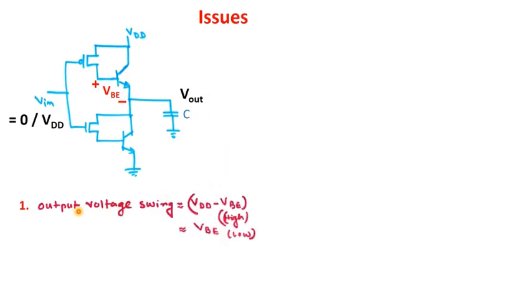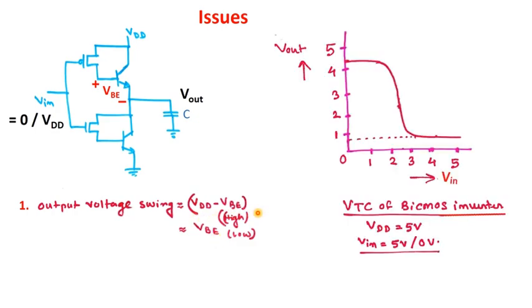So as you can see, the output voltage swing is not from 0 to VDD, but instead it is from V of BE to VDD minus V of BE. This can also be reflected if you plot the voltage transfer characteristics of the BiCMOS inverter. For example, if VDD is equal to 5 volt, then the VTC will look something like this. So this is 0 to 5, this is V out, 0 to 5, this is V in, so the VTC is this.